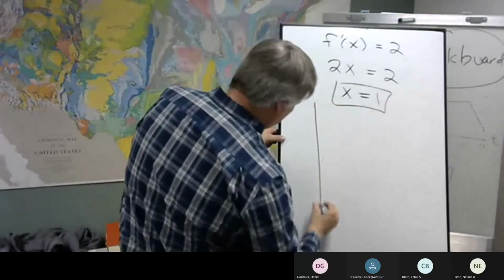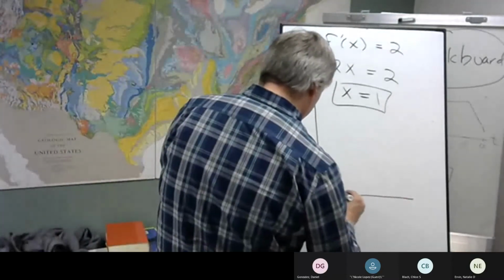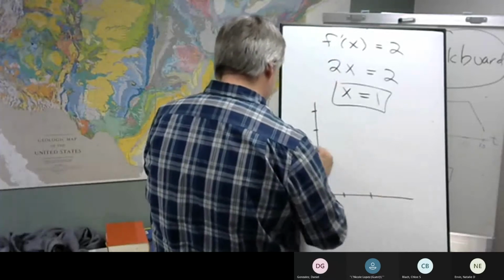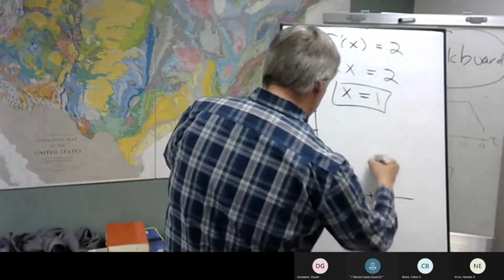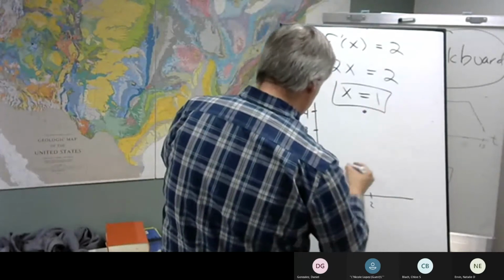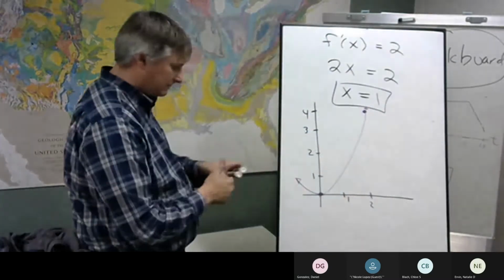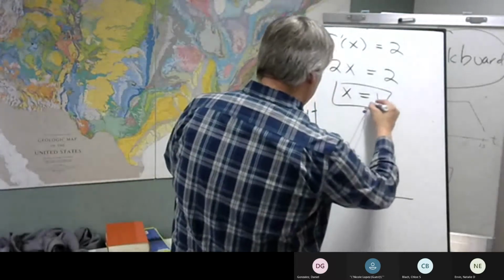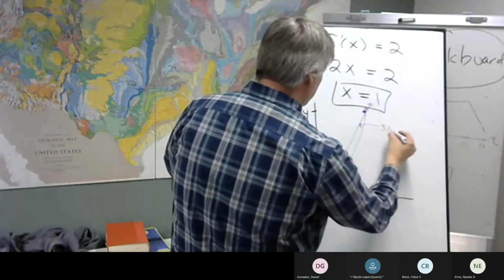So what this is saying is that this line passing through like this has a slope of 2.